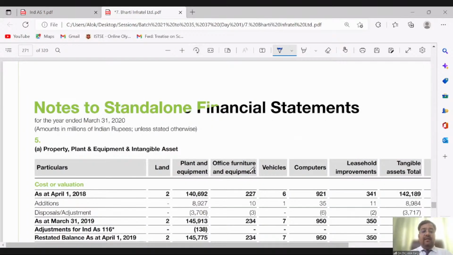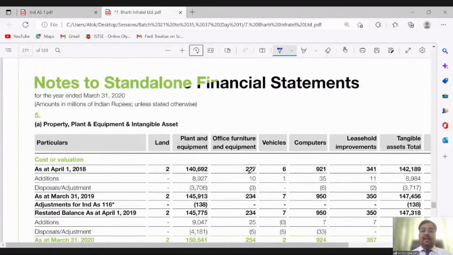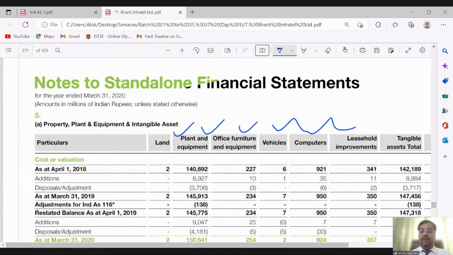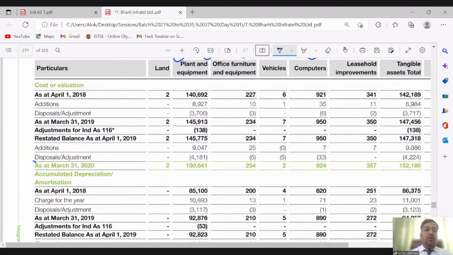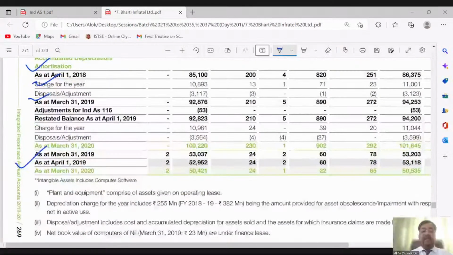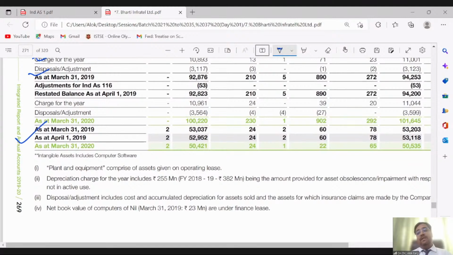You can see that they have given the class of asset, the gross block, the accumulated depreciation, and the net block. What is the addition? What is the deletion? What is the depreciation charge for the year? What is the adjustment? They have given all this information, and also additional information in the notes to accounts.